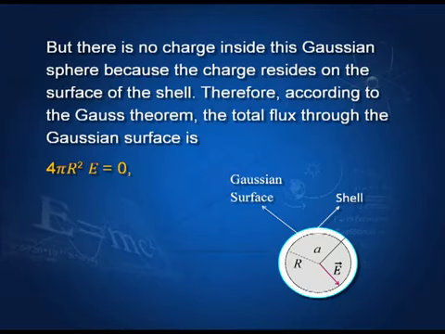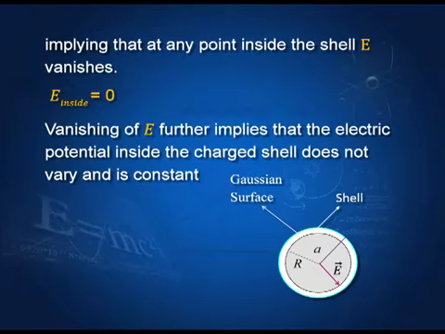So, q by epsilon 0 is 0, therefore E inside is equal to 0. So, inside the shell the electric field is 0, outside the shell it goes as 1 by r squared as usual.